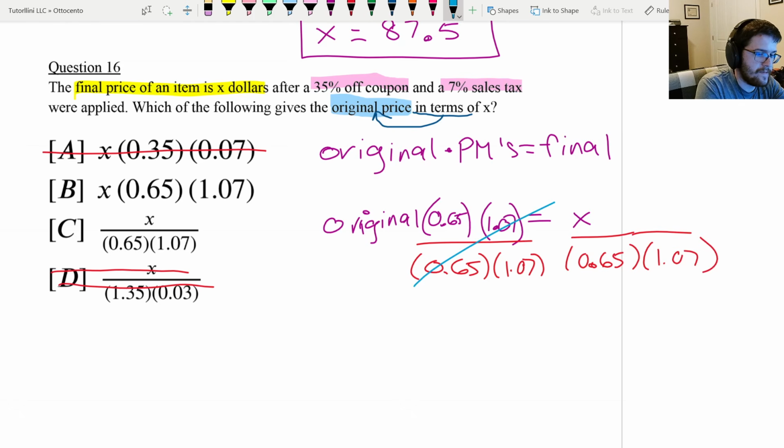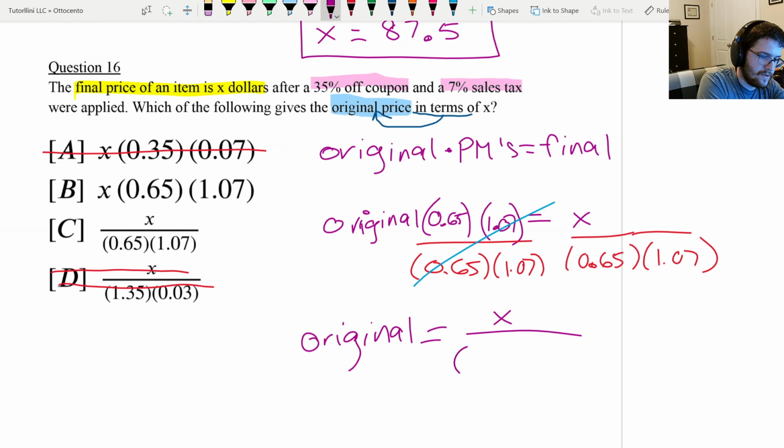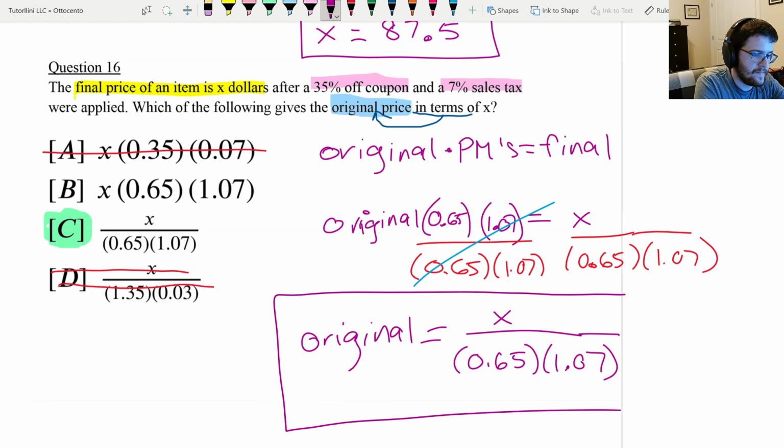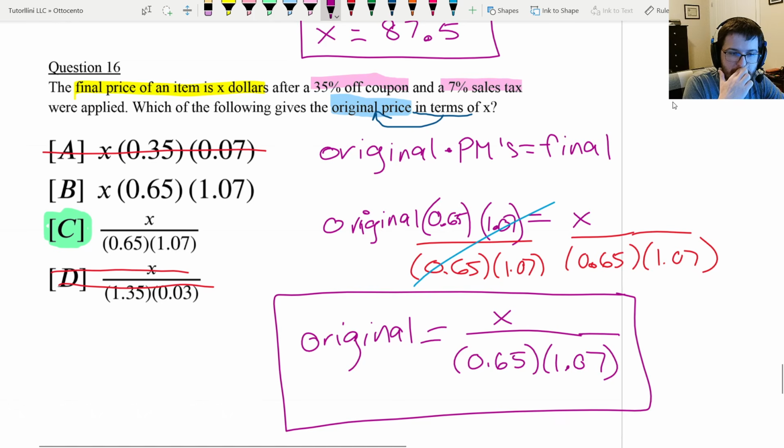This guy goes away, and we get original equals X over 0.65 times 1.07. I'm not going to type that in the calculator because the SAT has a tendency of just leaving things in its place like that. And as you can see, we did do that on this answer. Answer choice C, X over 0.65 times 1.07. Okay, very good. All right, I think that's it for the review worksheet.